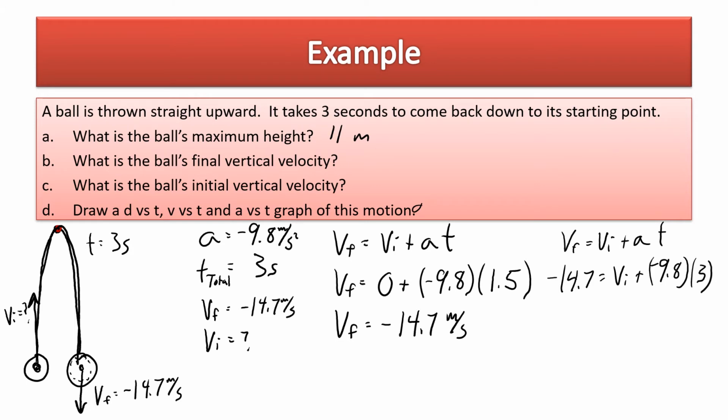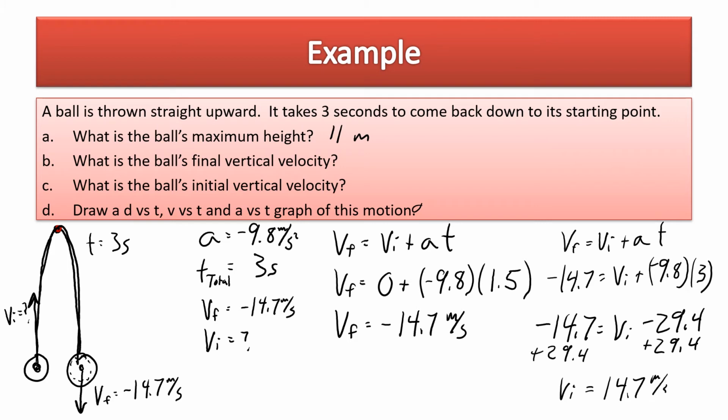So you end up getting negative 14.7 is equal to VI minus 29.4. And when you add 29.4 to both sides, you end up getting an initial velocity of 14.7 meters per second, positive, just like we predicted.